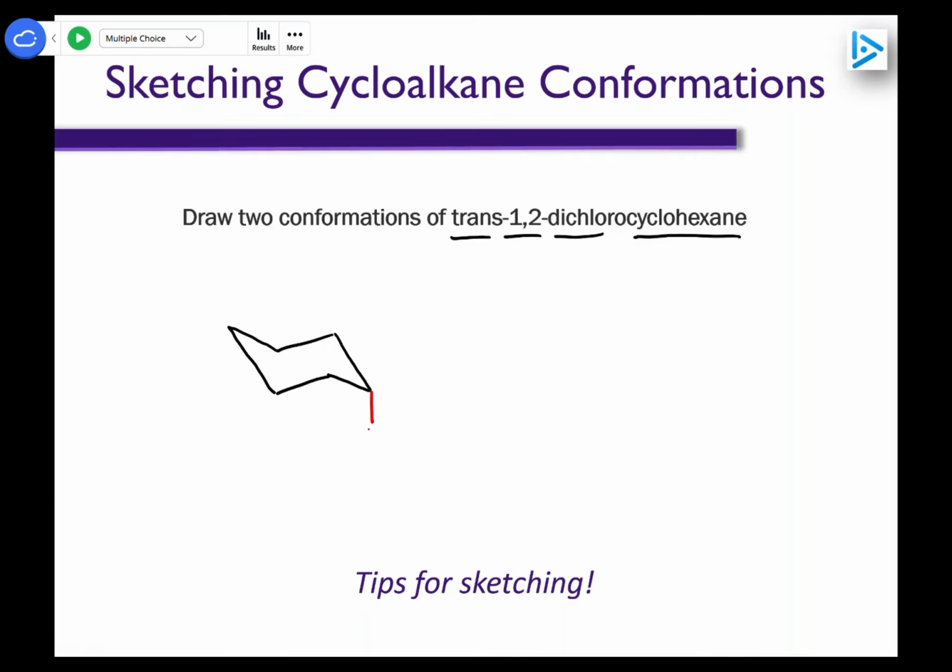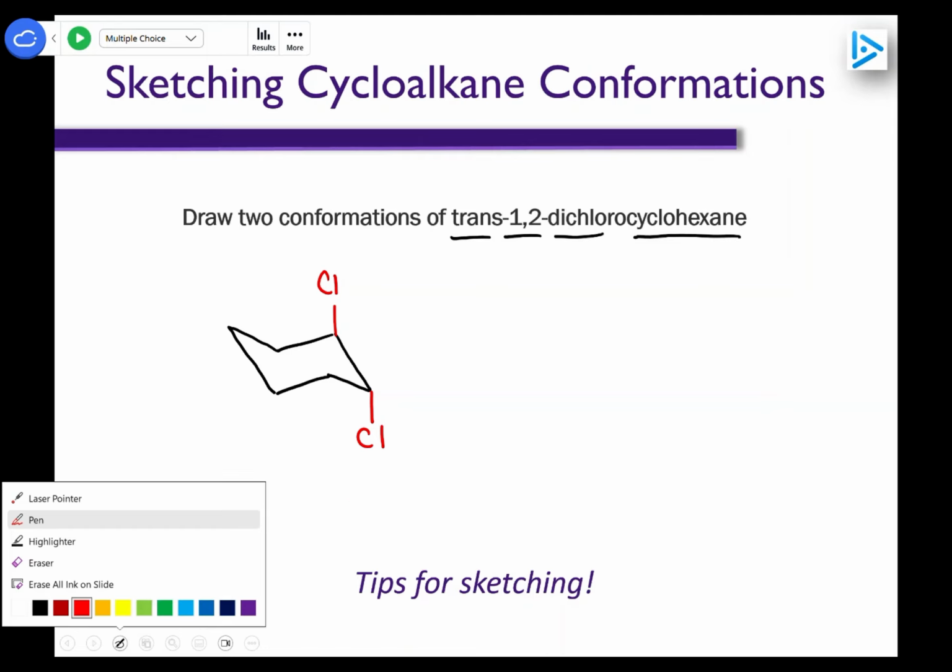So I'm going to start with an axial chlorine pointing down. Doesn't matter which one I start on. But if that's carbon 1, one of the carbons next to it is going to have to be carbon 2. So I'm going to choose this one and put this in an up axial. They're on opposite sides of the carbon plane relative to where those other positions are.